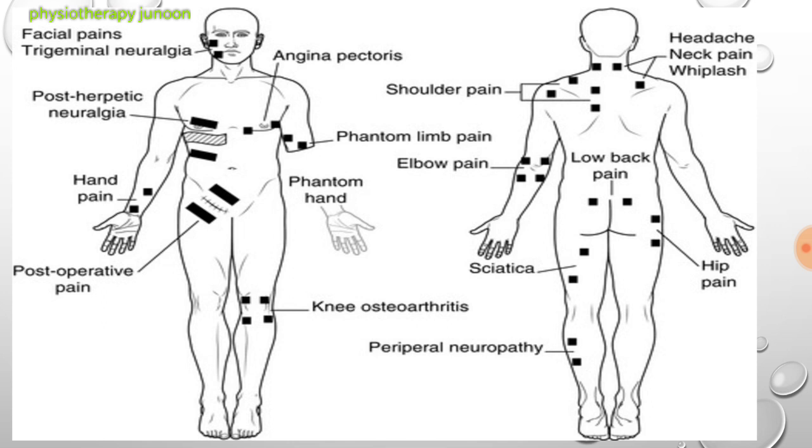In the condition of labor pain, TENS is applied to the area of the spinal cord that corresponds to the input of nociceptive afferents associated with the first and second stages of labor.